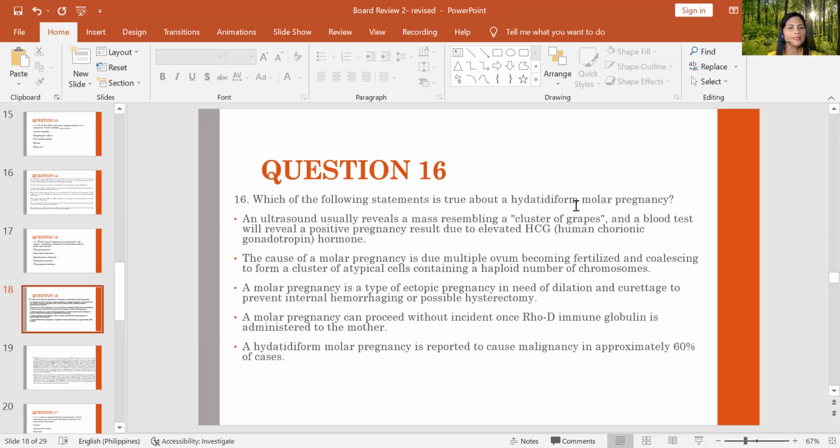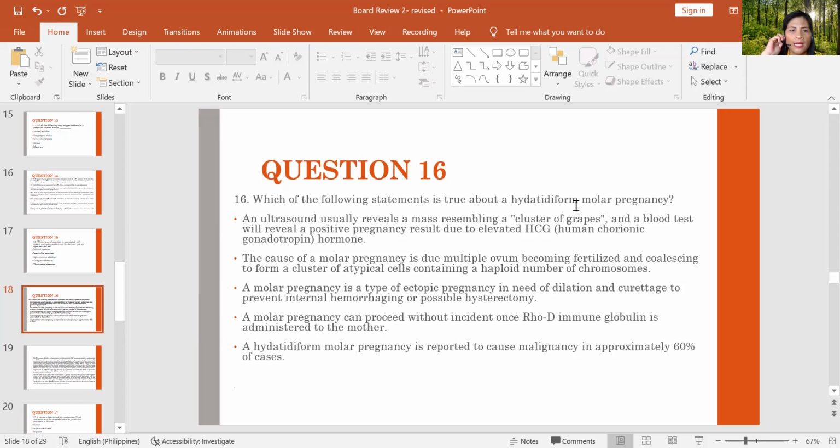A molar pregnancy is a type of ectopic pregnancy in need of dilation and curettage to prevent internal hemorrhaging or possible hysterectomy. A molar pregnancy can proceed without incidence once Rho immune globulin is administered to the mother. And a hydatidiform molar pregnancy is reported to cause malignancy in approximately 60% of cases.